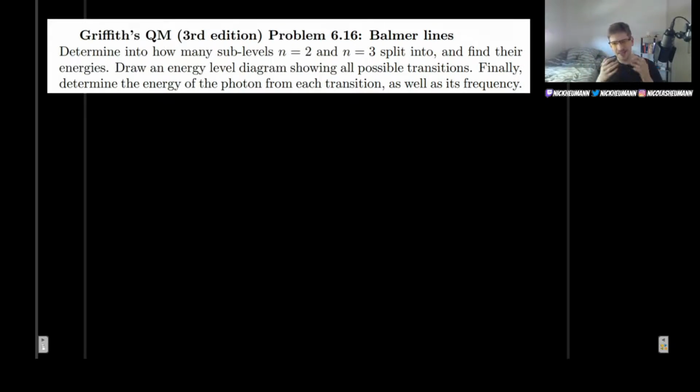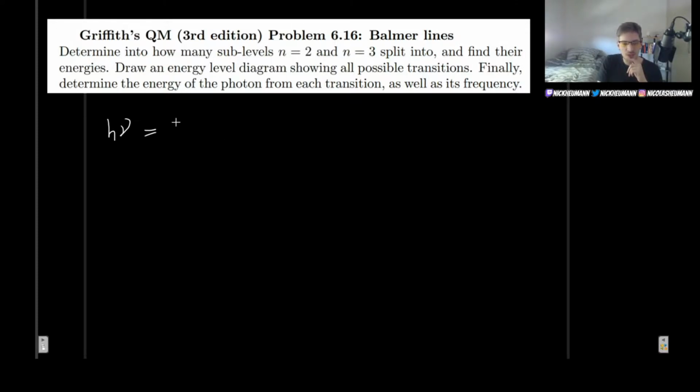So what is the transition energy, normally? No corrections, no weird quantum mechanics 2 things, just normal, regular quantum mechanics 1. So what is the energy of the photon from the transition? This line is a photon, it's light. And what is the energy of a photon? It's h nu, h times the frequency.